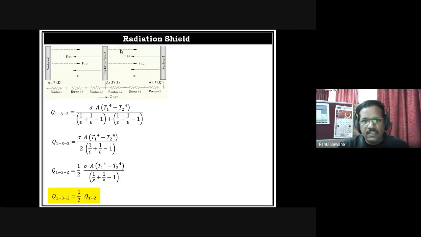And if we insert a shield having the same emissivity, our formula becomes half. So our equation is: the rate of heat transfer if there is one radiation shield, 1, 3, 2, will be half of the rate of heat transfer without radiation shield. But when is this possible?